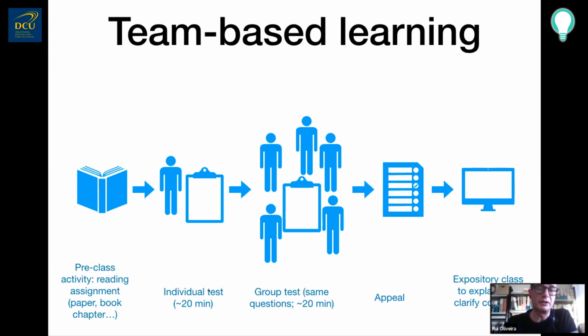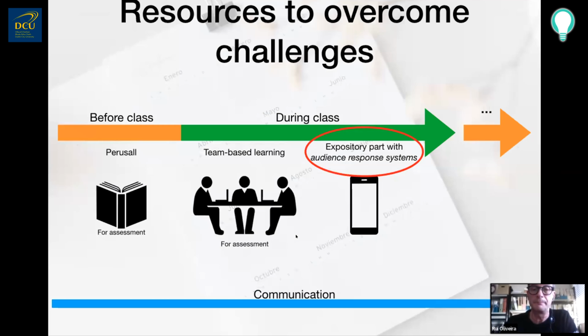They started with an individual test, and then a group test, and then the appeal. And then in the end of the class, it was expository, based on the subjects that were not very clarified in the TBL or that were not included in the pre-class activity.